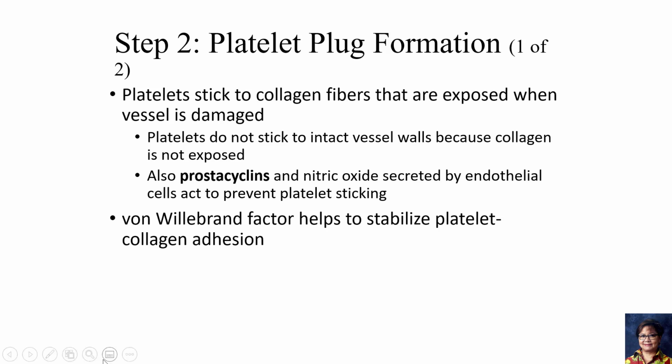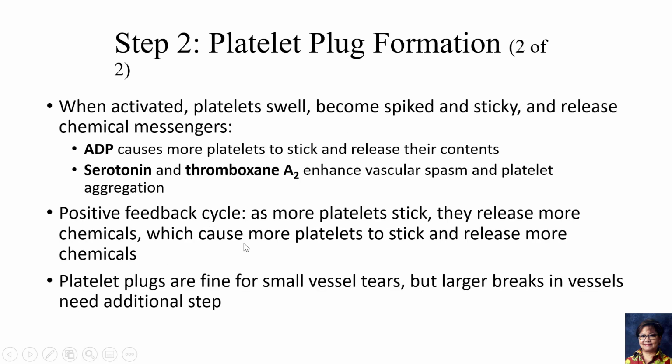So how is the platelet plug formation going to start? Well, you have to have injury. You have to have collagen around. Platelets will get stuck to the collagen, and when activated, platelets would swell.